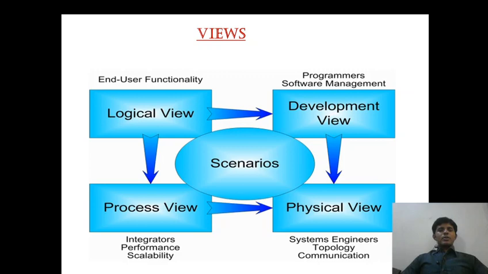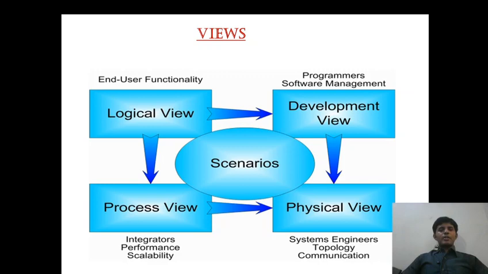Now see, logical view. The first one, logical view, completely belongs to the end users. End users are nothing but, once your software project has been completed, how the end user feels about that particular application. Is he finding it easy to operate, is he working efficiently with that application? Like that he will view it.